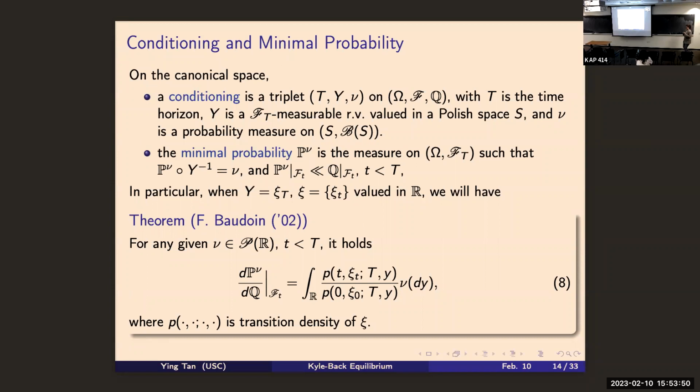Sorry, I have too many questions. No, that's fine. I think I understand the math here, but I don't understand the names. The first one, it looks like you just have a random variable and a measure, and they are not related. Why do you call it a conditioning? Oh, you need to understand this whole thing like a pair. We call it conditioning because we are going to talk about some conditioned SDE.